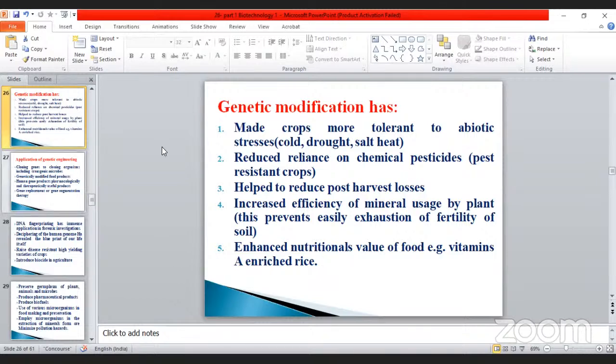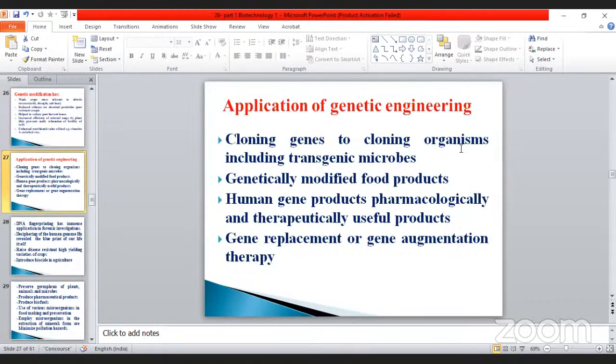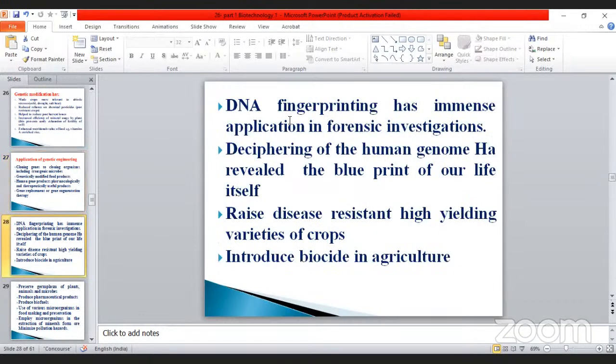Okay. And the applications we already discussed: cloning genes or cloning organisms, including transgenic microbes and genetically modified food products; human genes producing pharmacologically and therapeutically useful products; gene replacement or gene augmentation therapy, which is very, very important for the fetus. The DNA fingerprinting has immense application in forensic investigation. Deciphering the human genome has revealed the blueprint of our life itself, raised disease-resistant, high-yielding varieties of crops, and introduced biocides in agriculture.